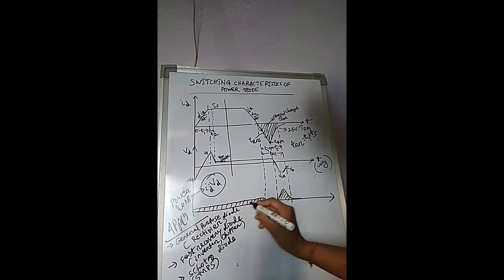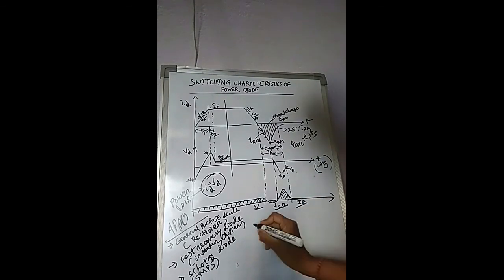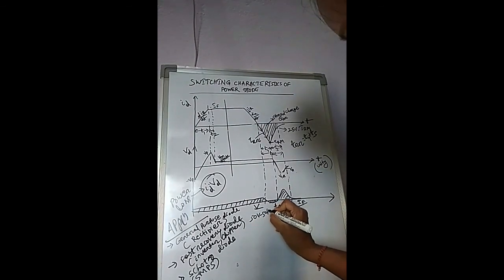So in these three categories, what is the voltage rating, what is the recovery time rating, and what is the forward current IF? In the first case the voltage rating is 50 volt to 50 kilovolt.